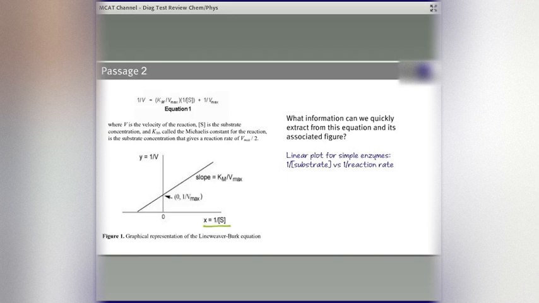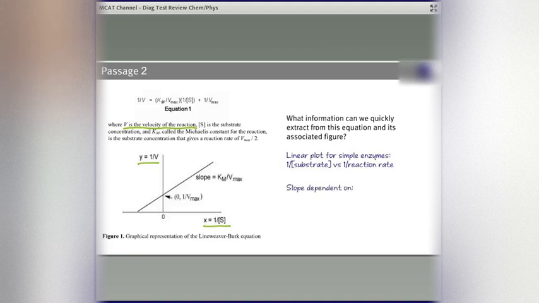And 1 over v is 1 over our reaction rate. V is a velocity of the reaction, and that means the reaction rate. Okay? This is all pretty much classic enzyme kinetics, and you're expected to be familiar with it. You don't have to have this stuff memorized, but familiarity is going to help you out here.